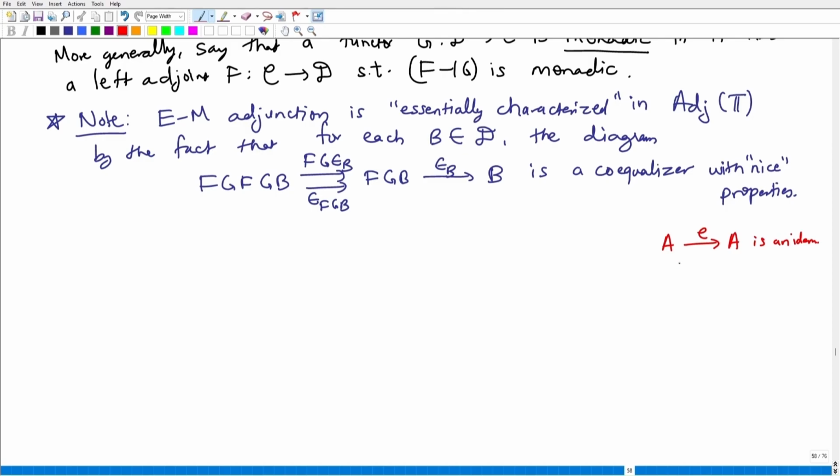Have we never talked about this? It is a pair F and G such that a splitting of E is this pair such that G composed with F is E and F composed with G is identity on B. Okay, so this is a splitting.